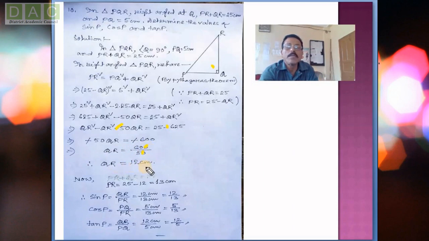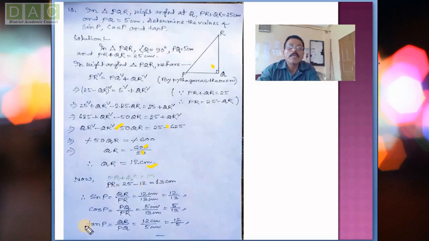So you write the unit also, QR equal to 12 centimeters. Now you already have PR equal to 25 minus QR. Put the value: PR equal to 25 minus 12, and ultimately subtracting you will get 13 centimeters. So this is the value of PR.